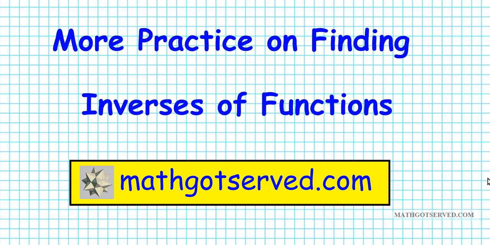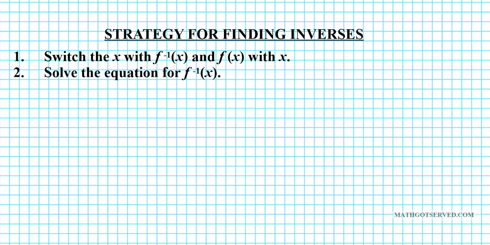In this clip, we're going to be going over more examples on how to find the inverse of functions. The strategy that we are going to be employing is as follows. Step one, we're going to switch the x with f inverse of x and f of x with x.